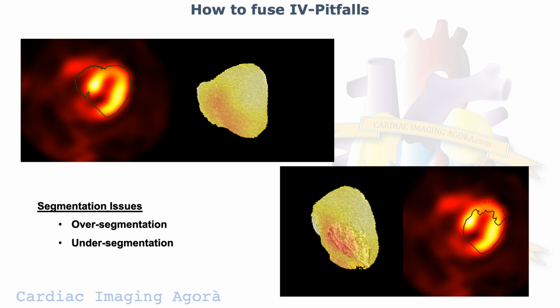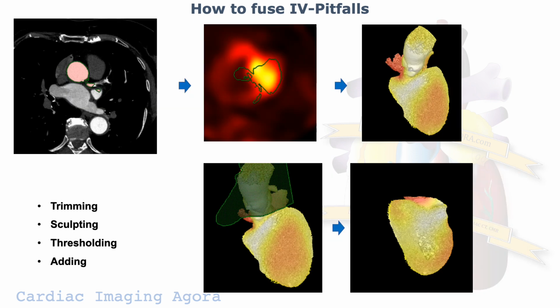I show you here two examples of over-segmentation and under-segmentation, corrected with several tools that are usually available through the scanner, either by trimming the extra structure or by sculpting using thresholding to add structures or parts of the left ventricle epicardium that are not included.